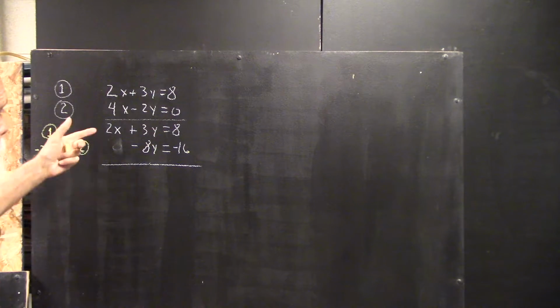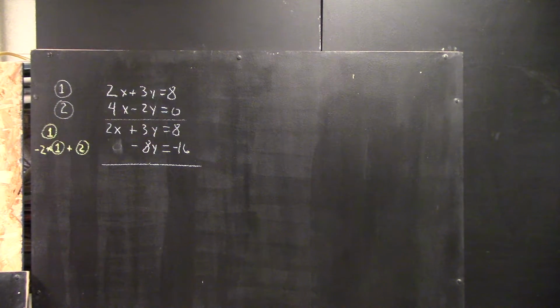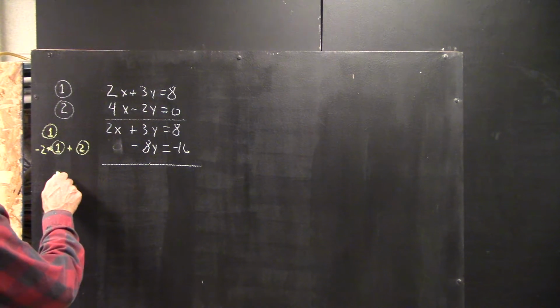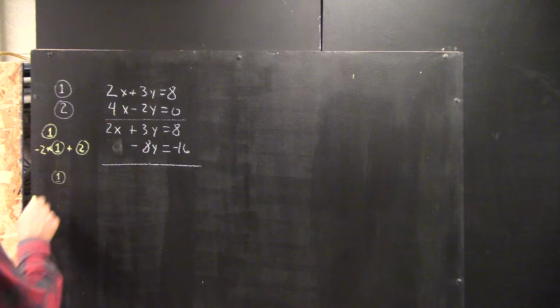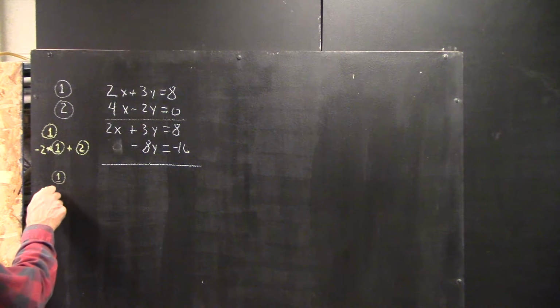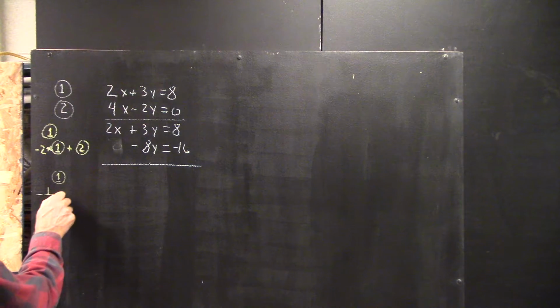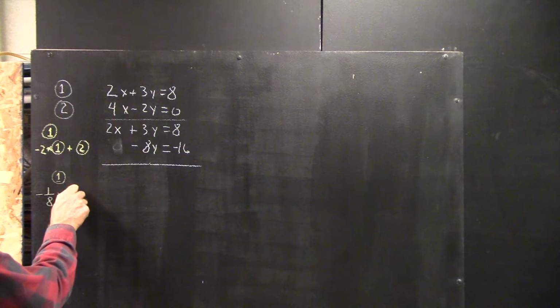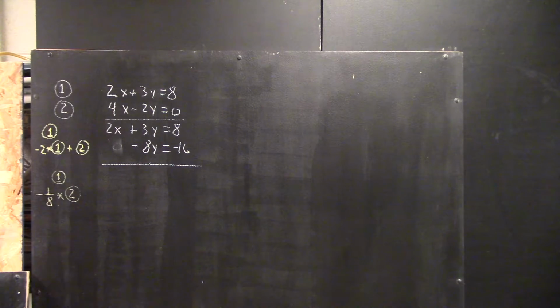Okay, now I'm going to continue this process though. First of all, I'm going to repeat the first equation, and I'm going to take negative 1/8 times the second equation. Now when I did this earlier, I said the second equation divided by negative 8. It says the same thing, but I like to think of this as a multiplication, so I'll use the fraction.